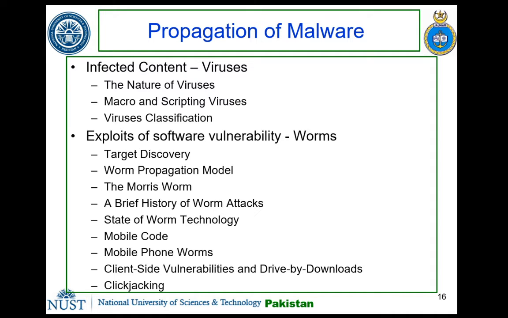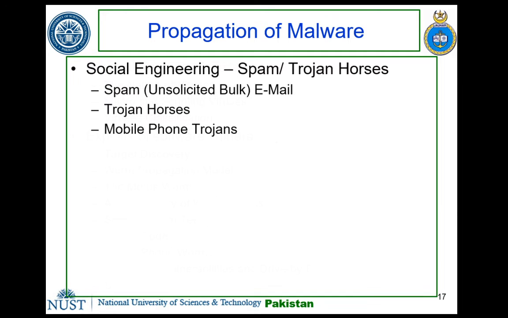We will briefly go through these areas comprehensively as flashed on this slide related to viruses and worms. The third way of propagation of malware is social engineering through spam emails and Trojan horses. Now we will discuss it in a little more detail to clarify our basic concepts.